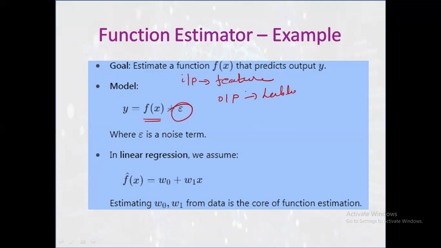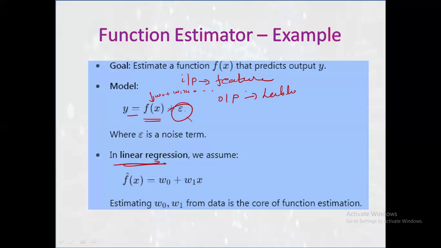Usually we write y equals f of x plus epsilon. Here epsilon is the noise. Y is the observed output, f of x is the true function, and epsilon is the error or noise in the observation.